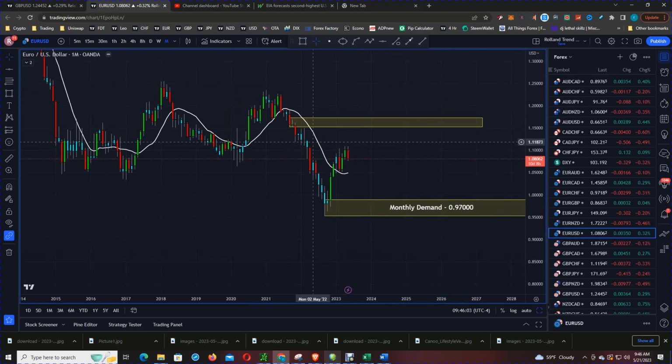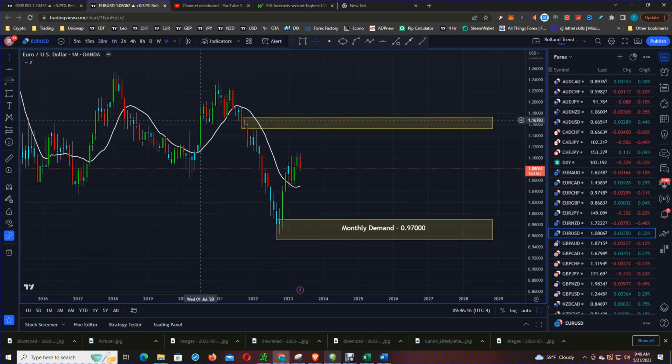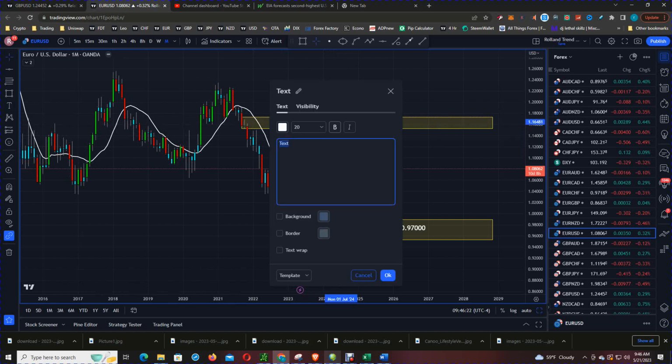So this is what I call a level on level. It's a monthly seller's level on top of a monthly seller's level. And we're going to say that's at the 1.16.